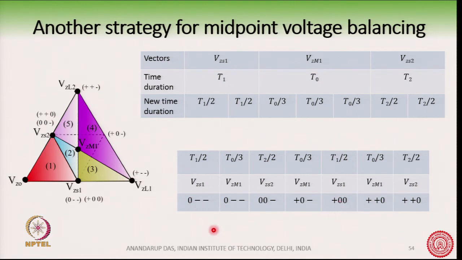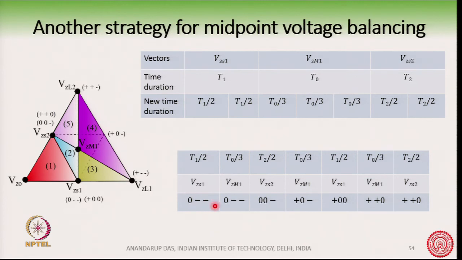Okay. So, these two are here. Similarly, Vz_M1 was 1/3 of 0 minus minus, plus 0 minus and plus plus 0, so this is 1/3, 1/3, 1/3 here. Okay. And Vz_S2 was half of 0 0 minus and plus plus 0, these two half of. So, this is how this is done. Okay.